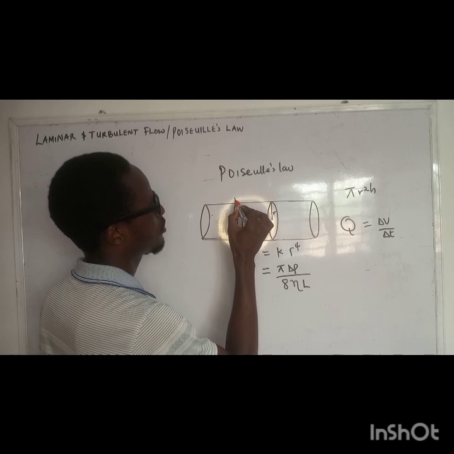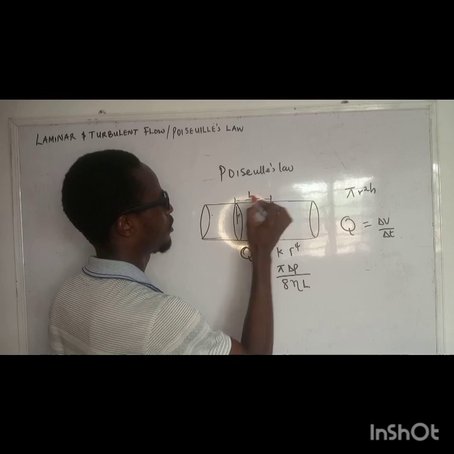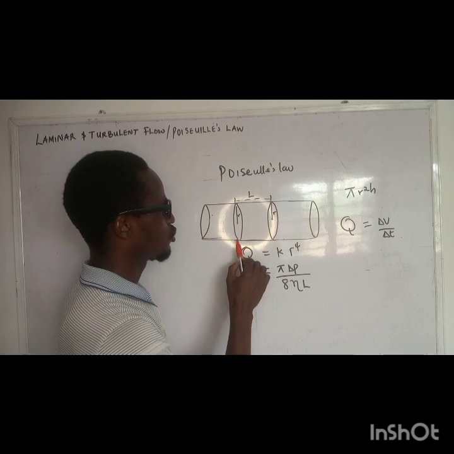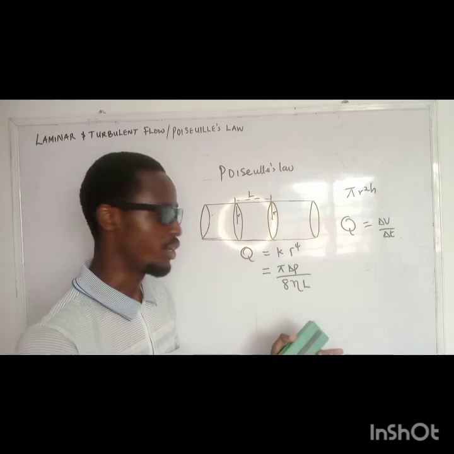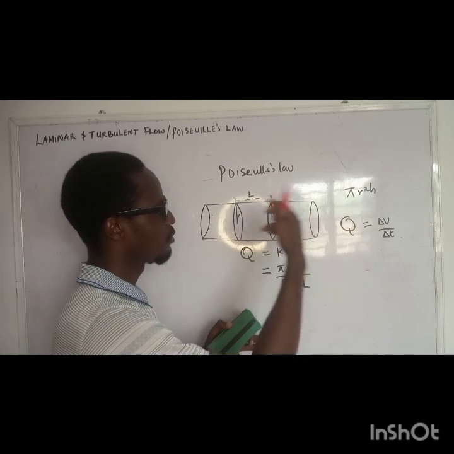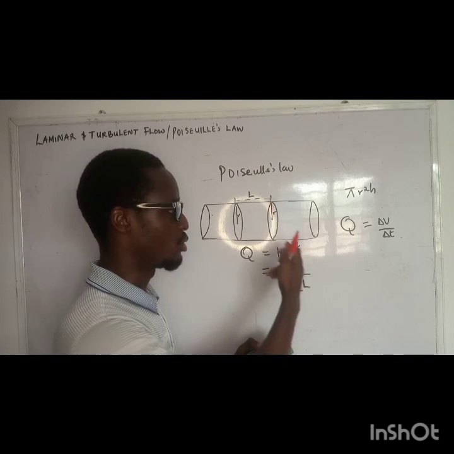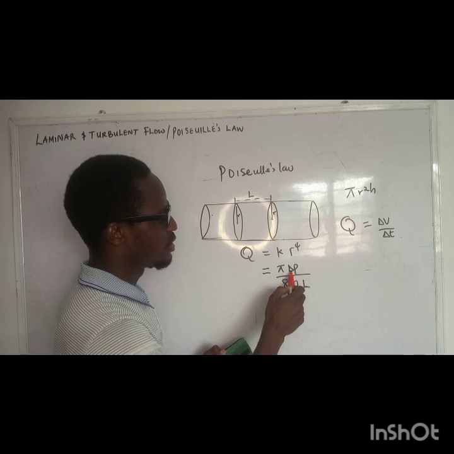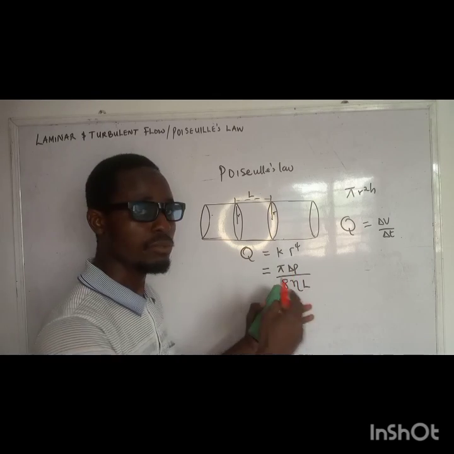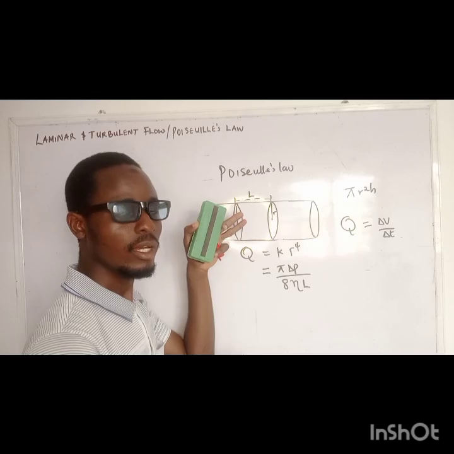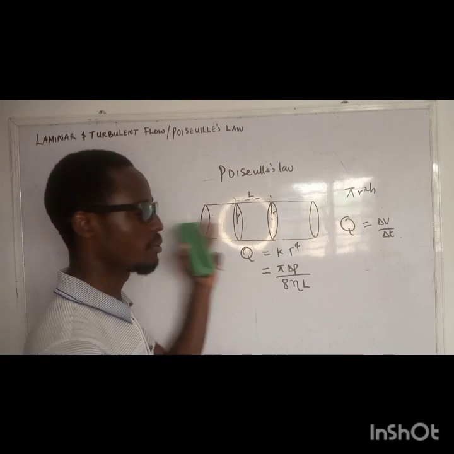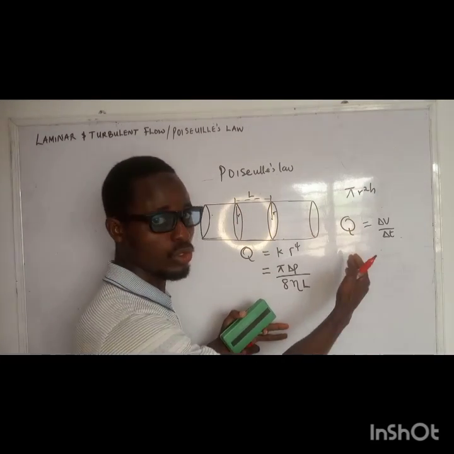So now let's pick two areas here. From here to here we have a length L. Between this point and this point we have a volumetric flow rate which is proportional to the fourth power of the radius, and at the same time this change in P will be the change in pressure at the top end of the pipe and the bottom end of the pipe.